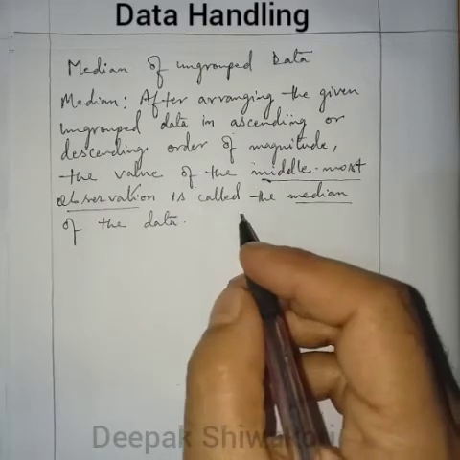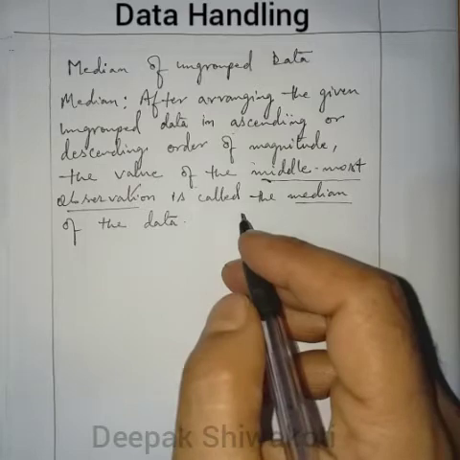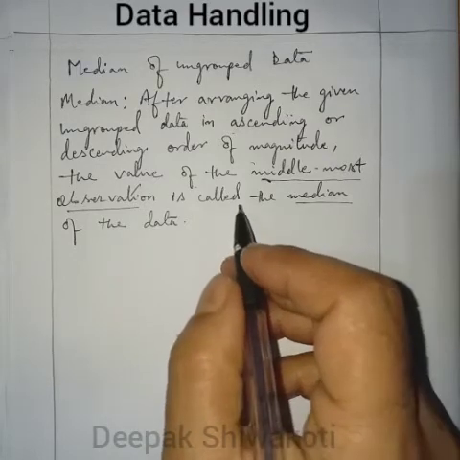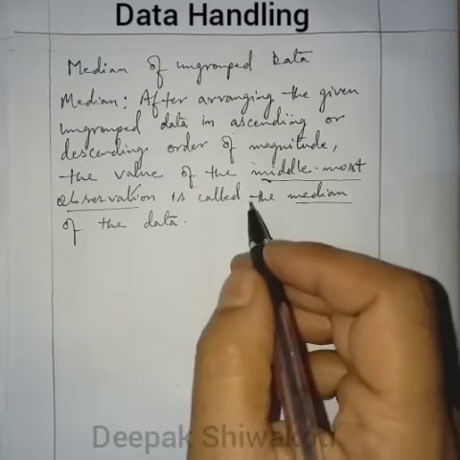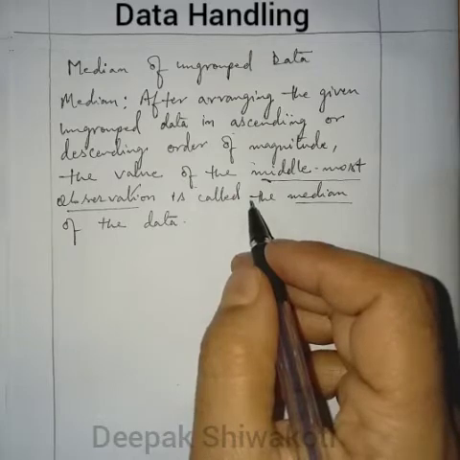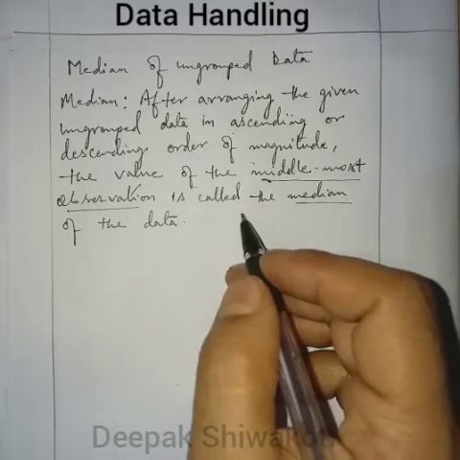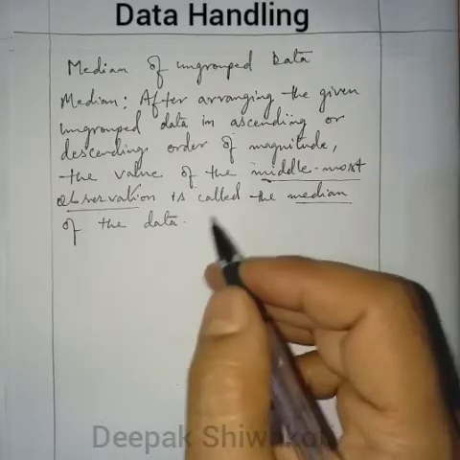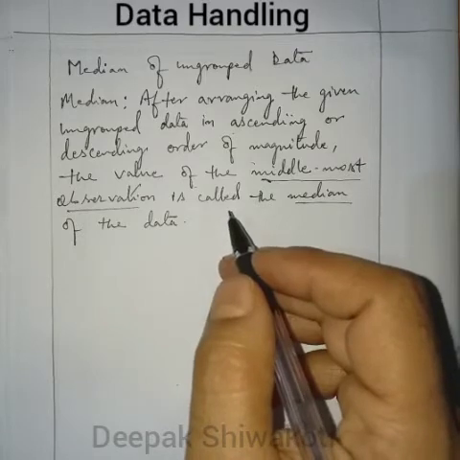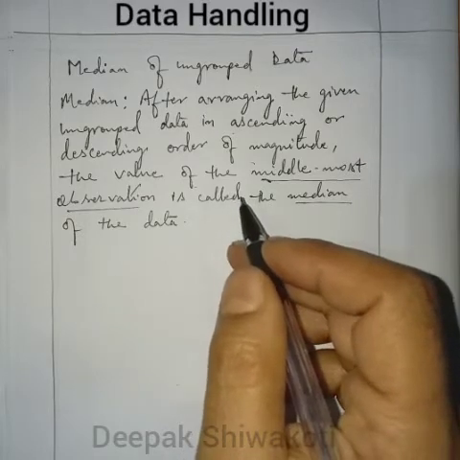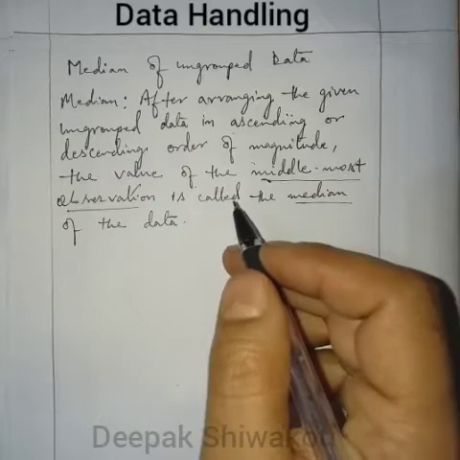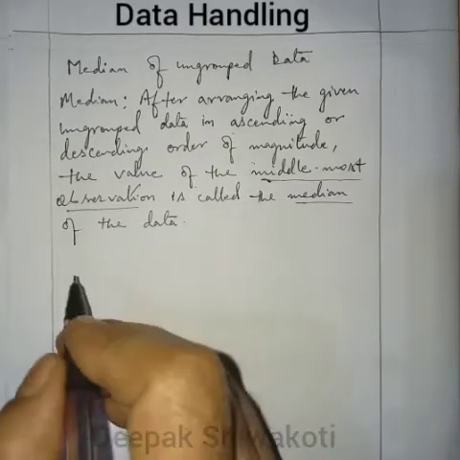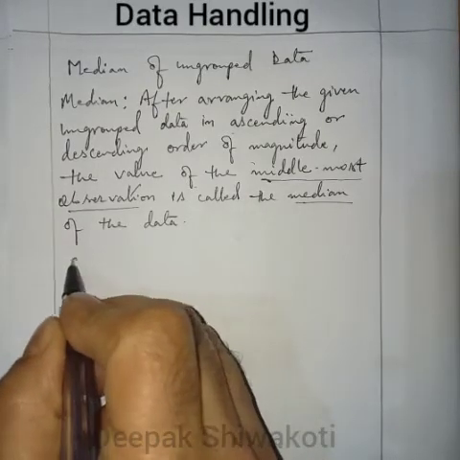Now, we find the median with one formula when the number of observations is even, and with another formula when it is odd.